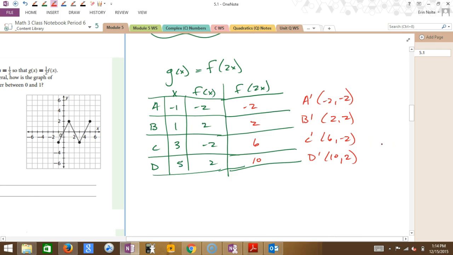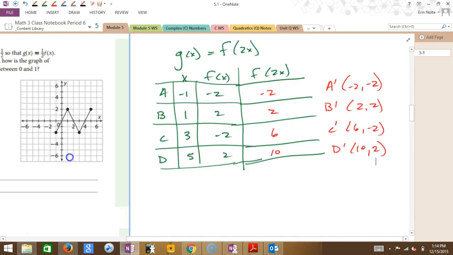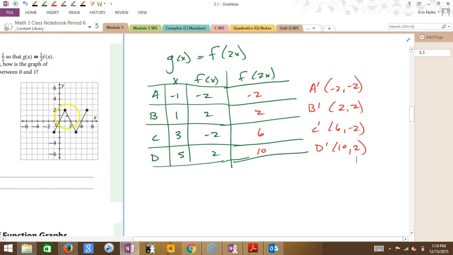I'm going to plot them: negative 2, negative 2; 2, 2; 6, negative 2. Uh-oh. 10, 2.